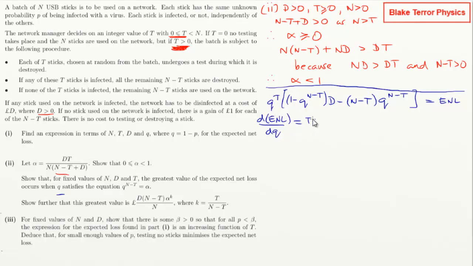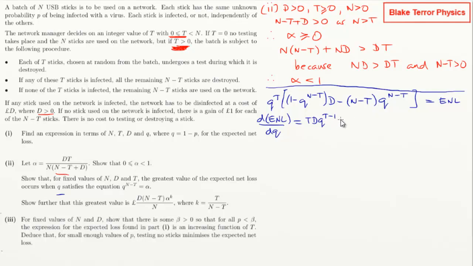So that'll be t times d times q to the t minus 1. Then I'm going to get loads of q to the power n's out of this. So I'm going to have q to the n times minus d, and then minus n and plus t.